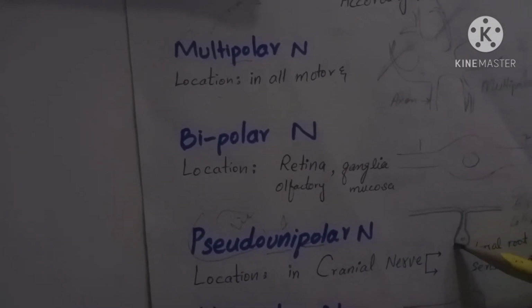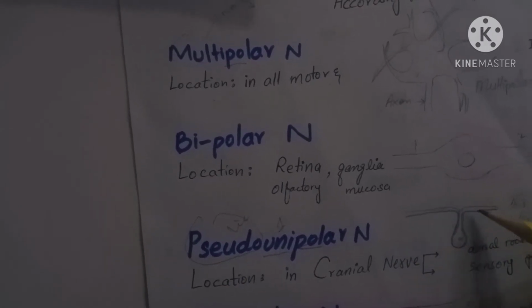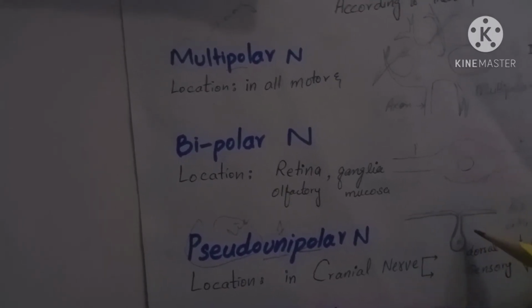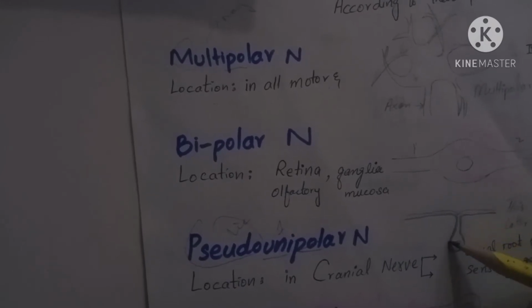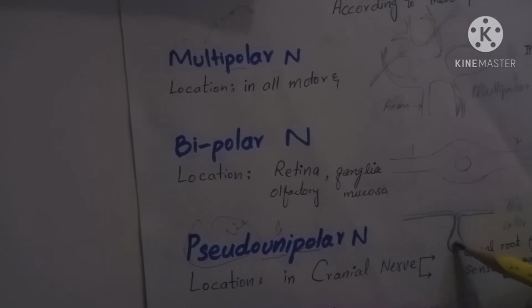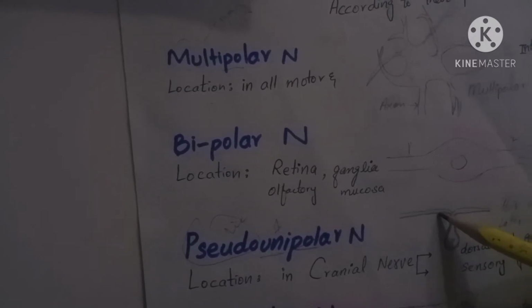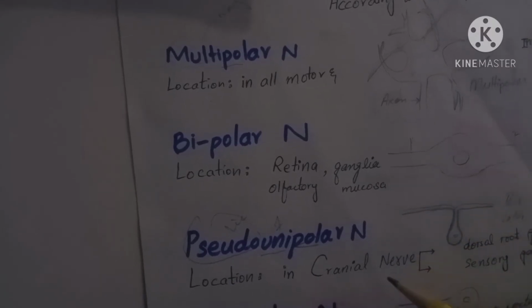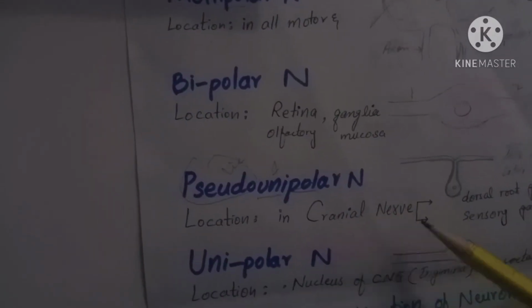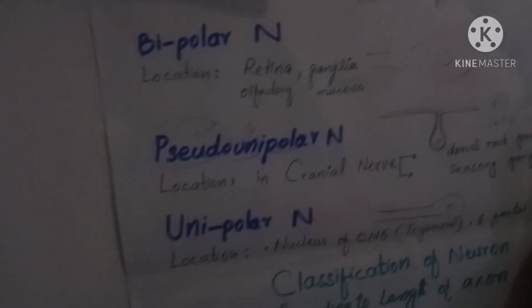It first is one, and after that becomes two, bipolar. Therefore it's called pseudo-unipolar. It means first is one pole, and when you go further it becomes two poles, and its location is in cranial nerve, in dorsal root ganglia and sensory ganglia.